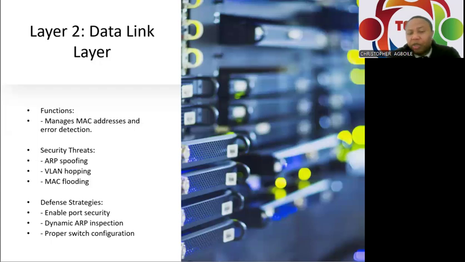ARP spoofing is an attack on the layer two data link layer. It has to do with manipulating the ARP table to associate a legitimate IP with an attacker's MAC address. So ARP spoofing is about the attacker replacing a legitimate IP address with its own.